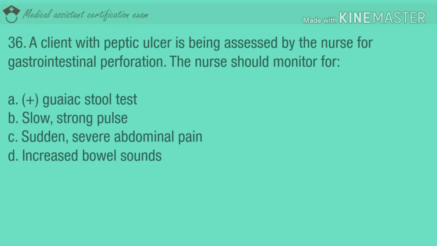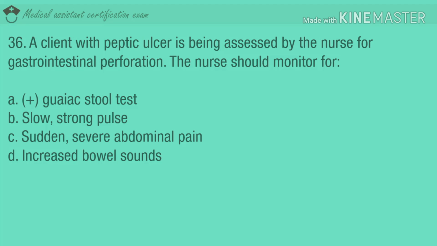Question 36. A client with peptic ulcer is being assessed by the nurse for gastrointestinal perforation. The nurse should monitor for A. Positive guaiac stool test. B. Slow, strong pulse. C. Sudden, severe abdominal pain.